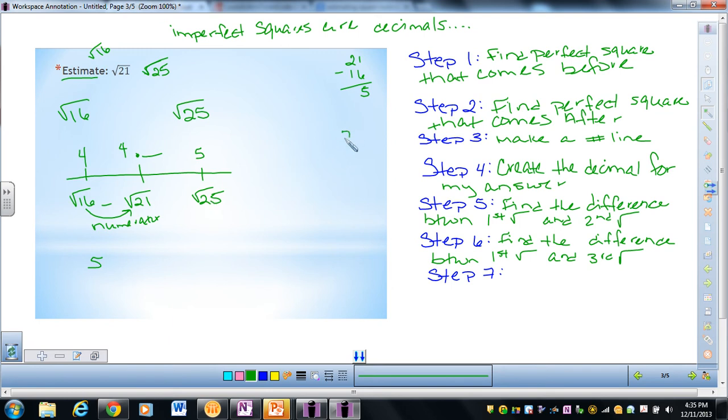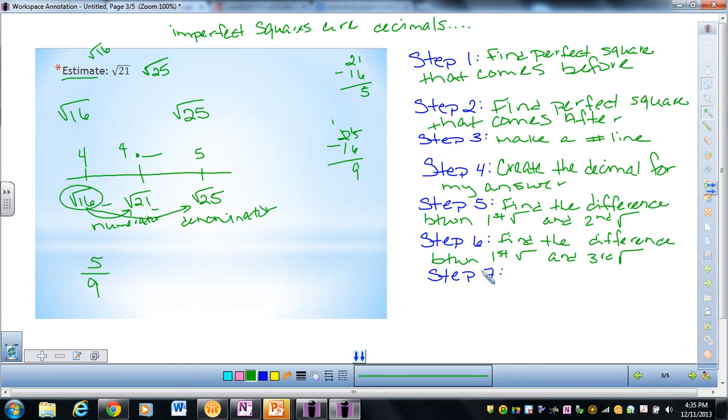So I'm going to do 25 minus 16 to find the difference between the two. And I am going to get 9. So I have 9, and that is going to be my denominator, right? So that was my numerator. This is my denominator. Okay, and I'm always working with this one, always working with that one.